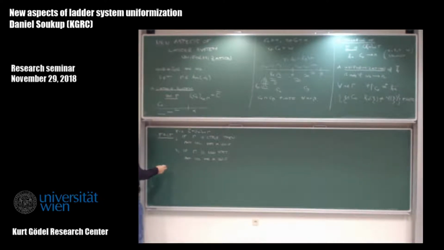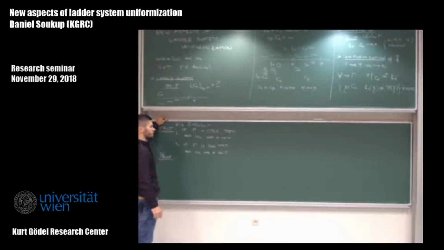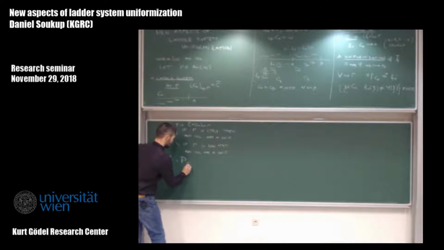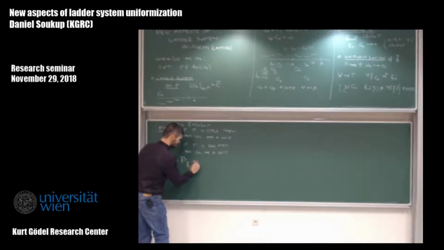Okay, just to warm up, let's prove these results. There is a very natural partial order which forces a uniformization. These are all ZFC results. Given a coloring f, we define a partial order P sub f.